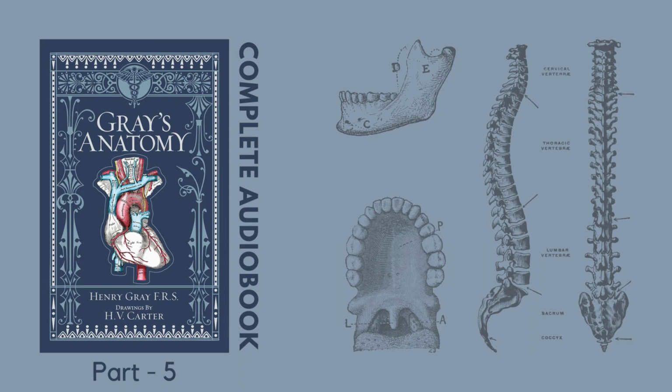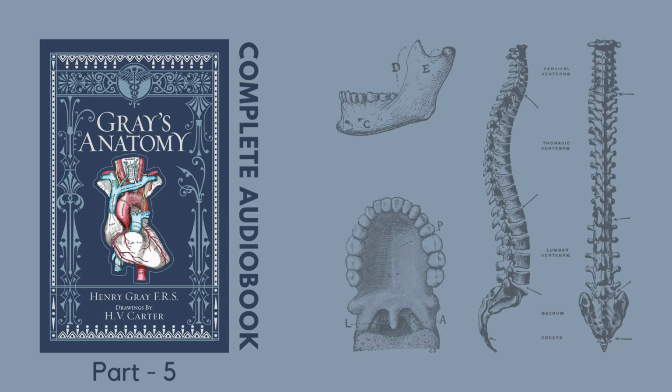rib to the base of the transverse process of the first lumbar vertebra. It is merely a thickened portion of the posterior layer of the lumbodorsal fascia. The posterior costotransverse ligament, ligamentum costotransversarium posterius.